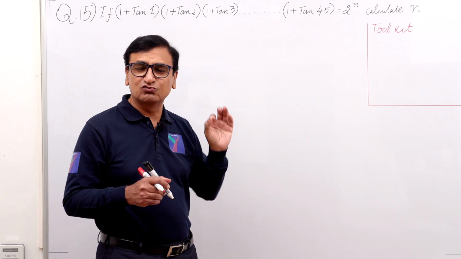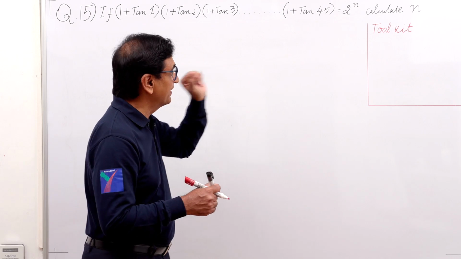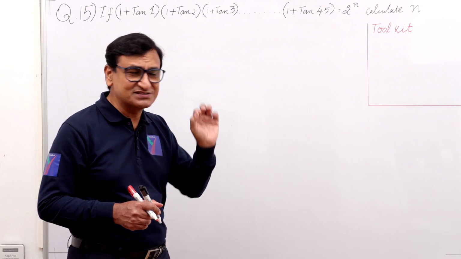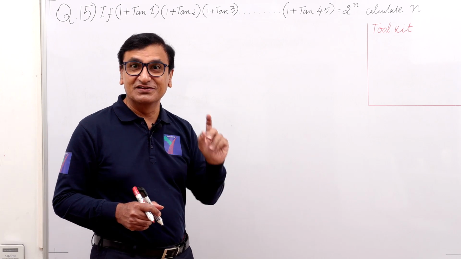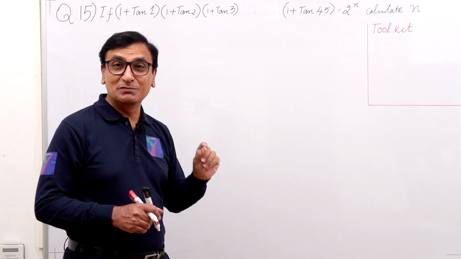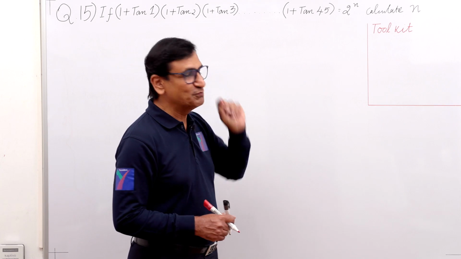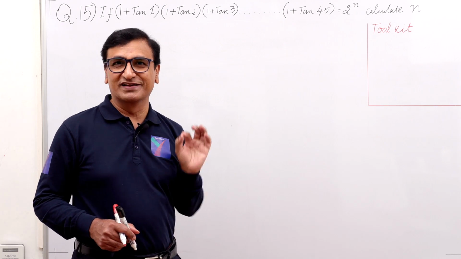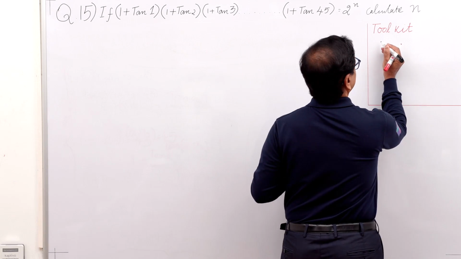In any such telescoping sum or telescoping product like this, there is something that gives away the trick involved in the question. In this also there is a small trick, but before we go into the trick, we have to prove one identity, which is my toolkit. The identity is like this.